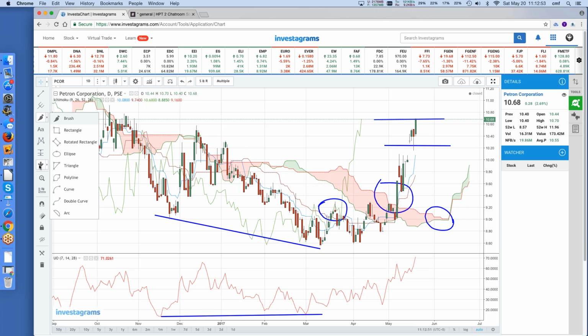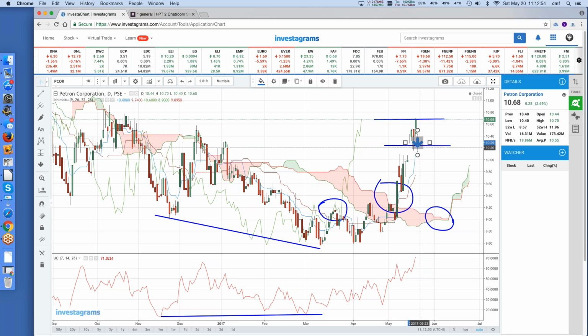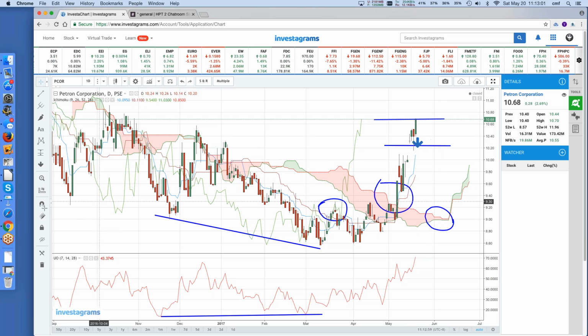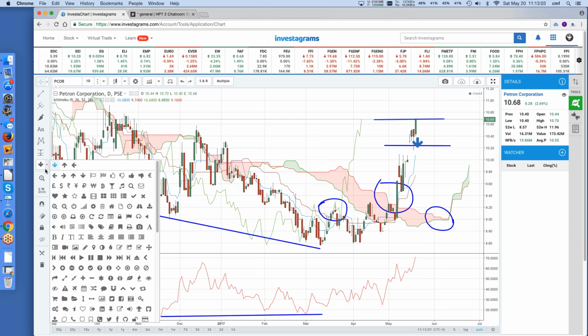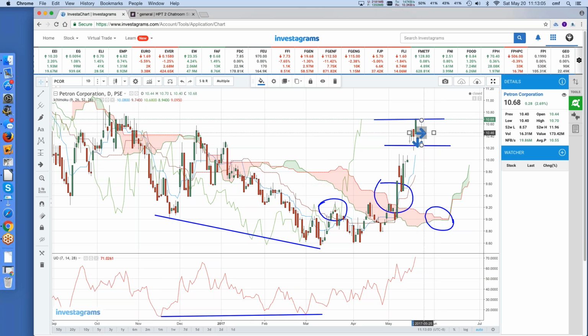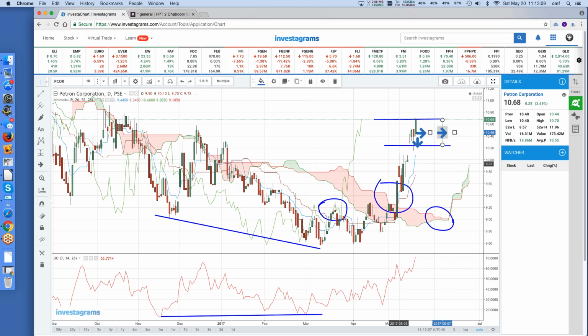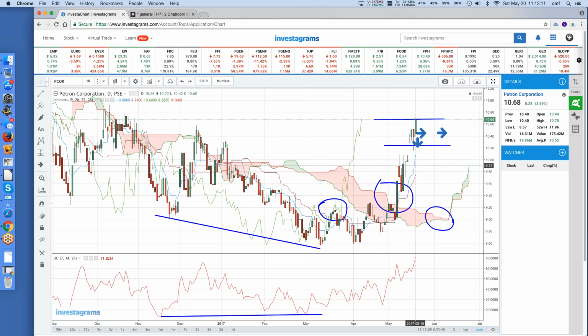It will drop towards the Kijun-sen or Tenkan-sen line. A correction in time means it will do a sideways movement, perhaps be stuck in a range until these two are able to catch up with price. So currently, this is the range for P-Core. Nonetheless, it's still bullish.